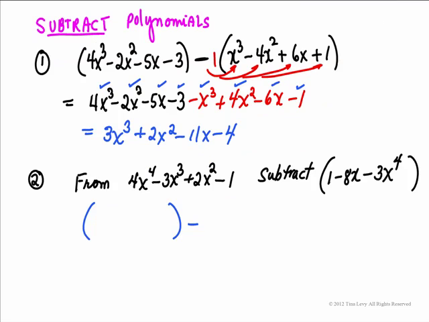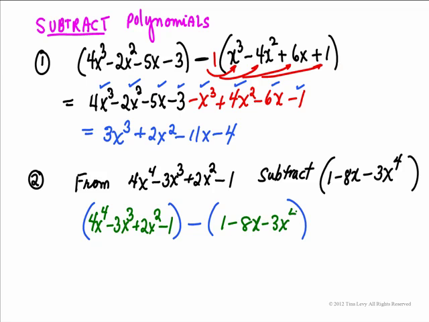So this one has to be written as something minus something. From is the first, it's what you're starting with, so we put in 4x to the fourth minus 3x cubed plus 2x squared minus 1. And from that, we're subtracting 1 minus 8x minus 3x to the fourth.